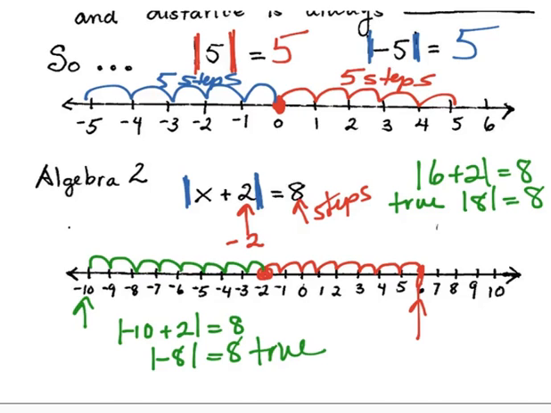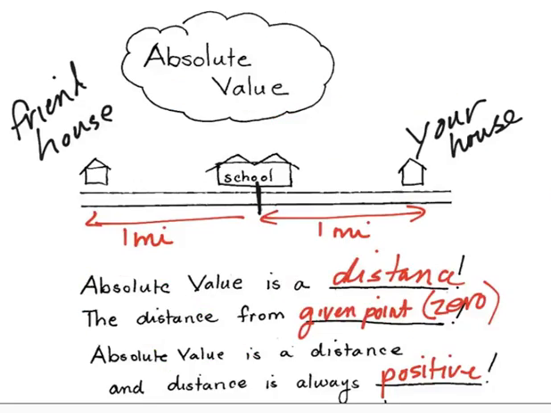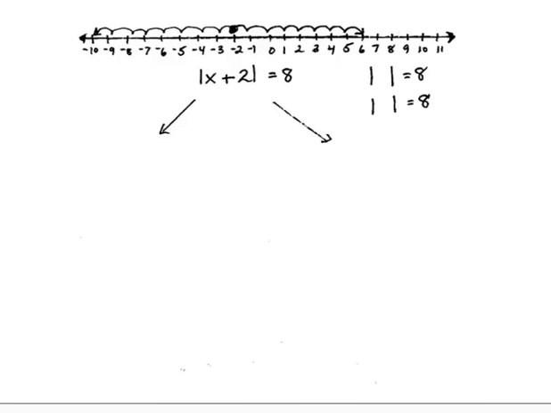So the two answers to this were 6 and -10. So we already know what the answers are. The answers are 6 and -10. We already know the answers.